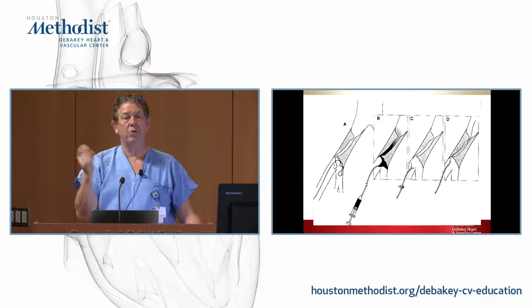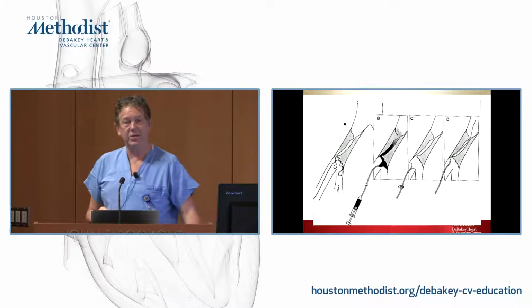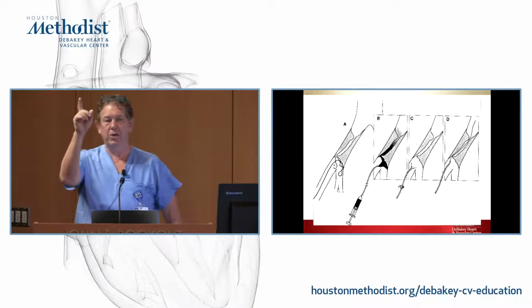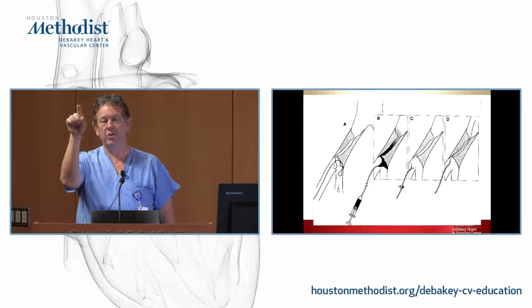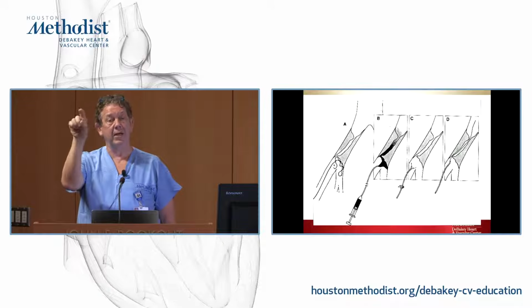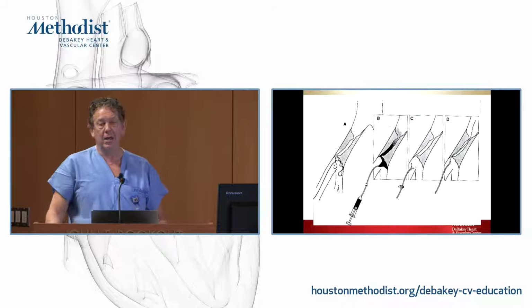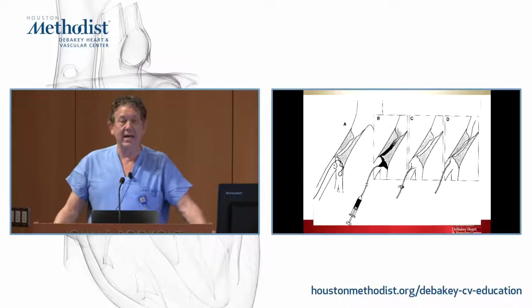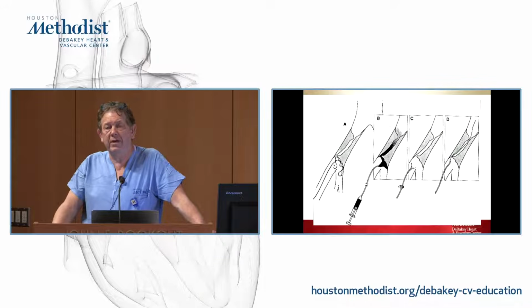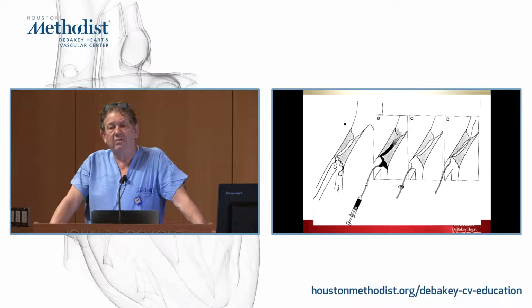You spin it, it moves. When it's embedded inside the wall of a blood vessel and you spin it, it doesn't move. It doesn't reform that nice angle, and it doesn't wiggle around when you spin it. Those are the clues that it isn't in the lumen, it's in the wall of the blood vessel. Now, that's not the end of the world if that happens, but you've got to recognize it.